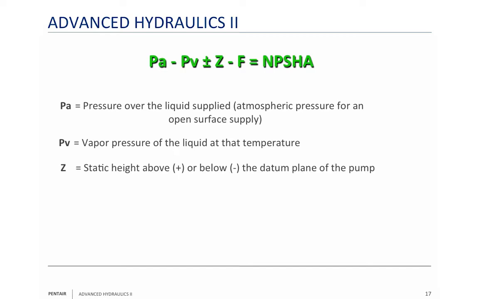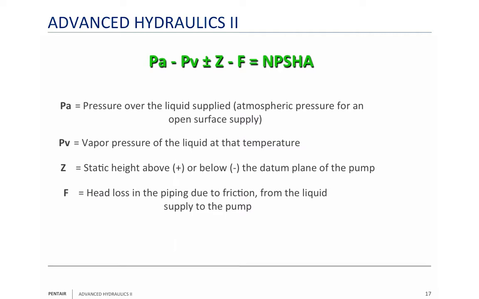Z is the static height above or below the datum plane of the pump. That helps me to know if my water supply is above or below the pump. F is the one most people have problems with. F stands for friction loss. Most people don't take friction loss on the suction side of the pump into consideration, and sometimes that can really cause you a lot of problems.